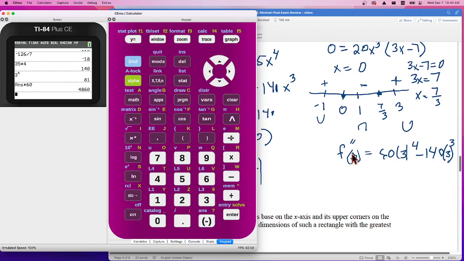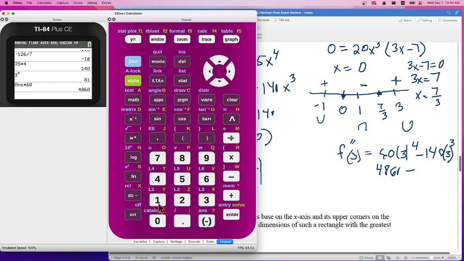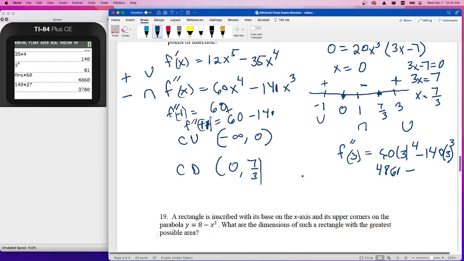That's 4,860. I bet that's bigger than 3 to the 3rd, which is 27, times 140. So it's smaller. This is positive, just as I mentioned. Okay, so that's all we need to know.